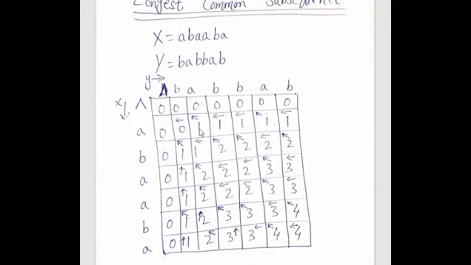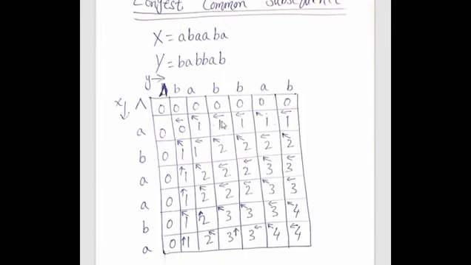From the diagonal, so we point the arrow diagonally like this. Again we compare A with B, that does not match, so we go one row back, one column back and take the maximum. The maximum is 1, so we write 1 here and point it towards the left.